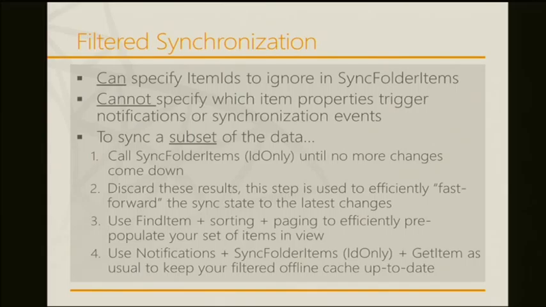Then you're going to do a find item with sorting and paging to pre-populate the set of results that you care about, and display that. Then you have your latest sync state, and you can use that going forward to look for changes. If there are changes within the item set that you care about, you can update those items. If new items are created, you can go see if those are items that you care about.